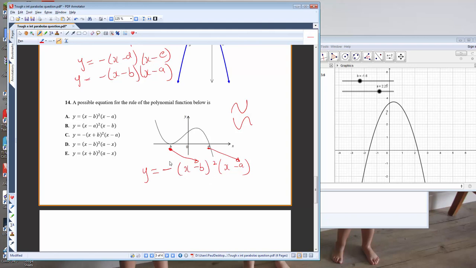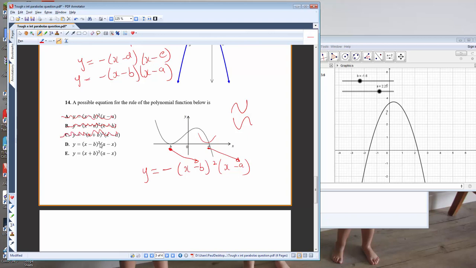We're looking for anything with (x take b) squared. So this is a distinct possibility, but because there's no negative sign here, this one's out. This, no way. (x take a) is being squared, which means it would bounce there, and it doesn't. This is a negative cubic, but it's plus b, so it's also out.